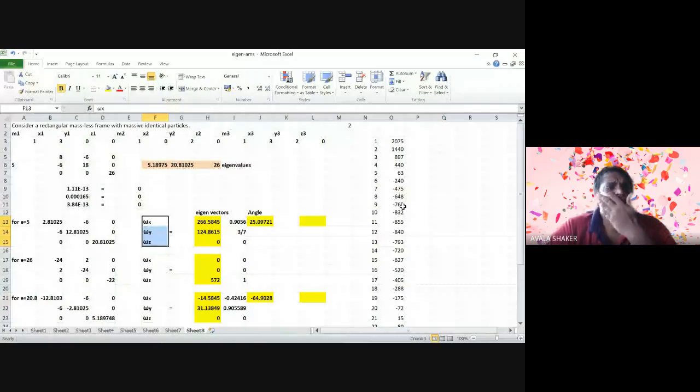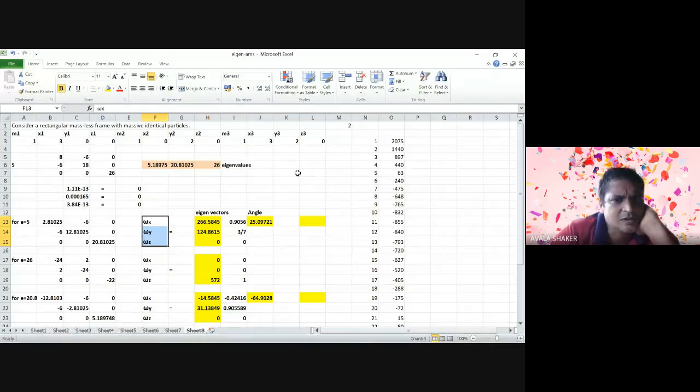Okay, so let us take this problem, given by Mahesh. Consider a rectangular massless frame with massive identical particles.